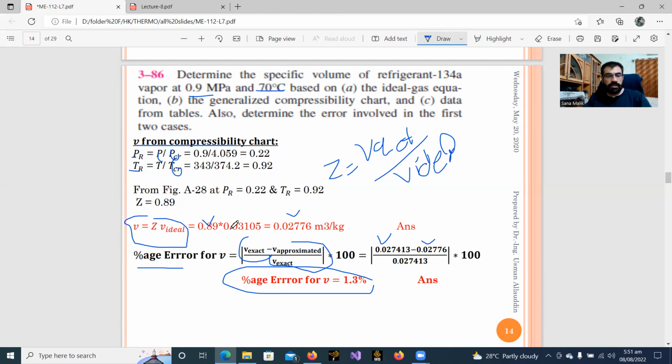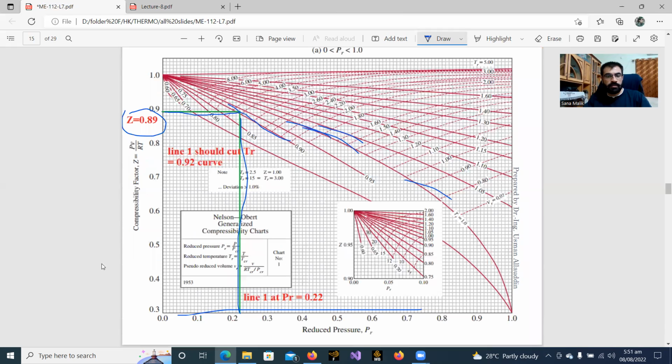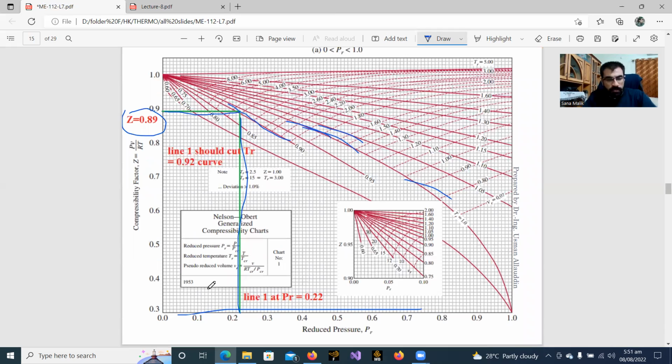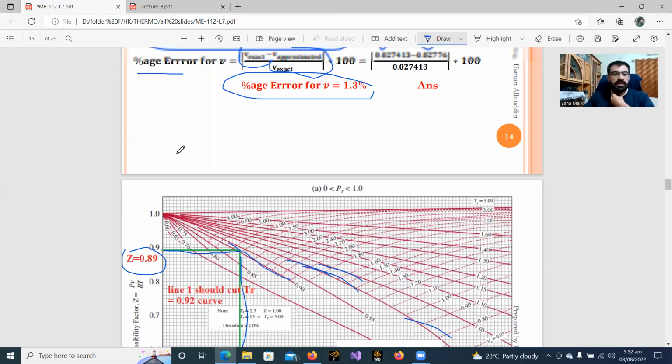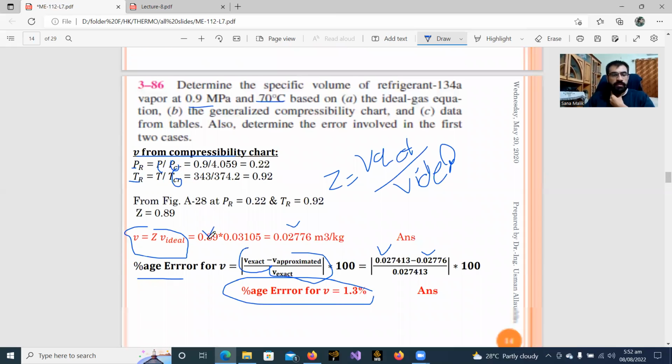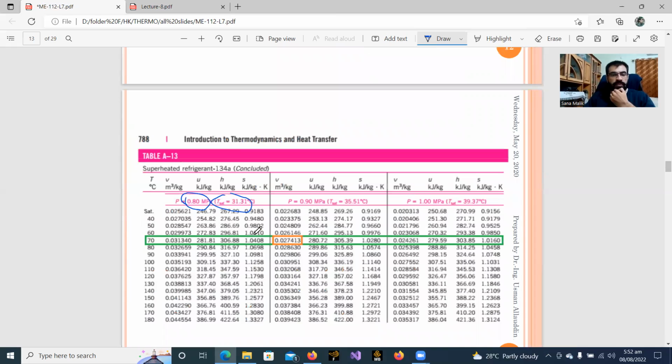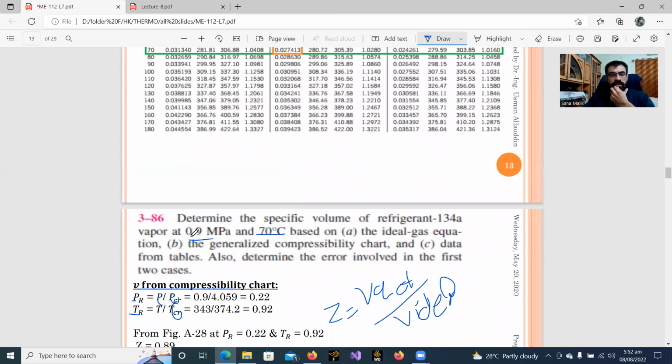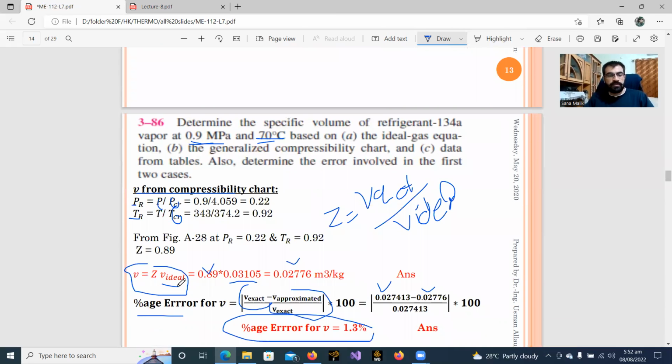Z was calculated, and V ideal I think was calculated as 0.03105 against this pressure and temperature, and you will find these values.